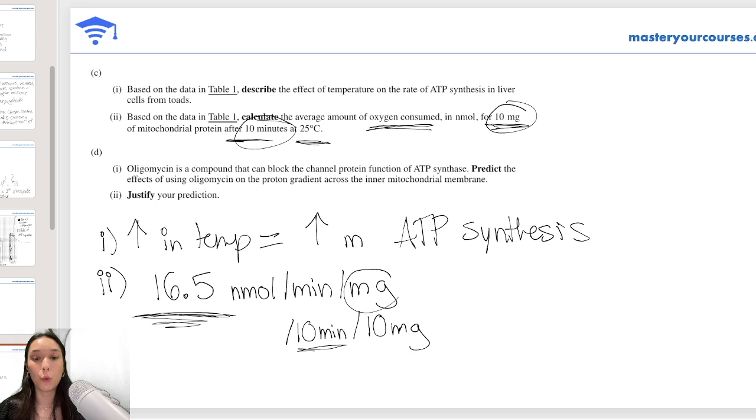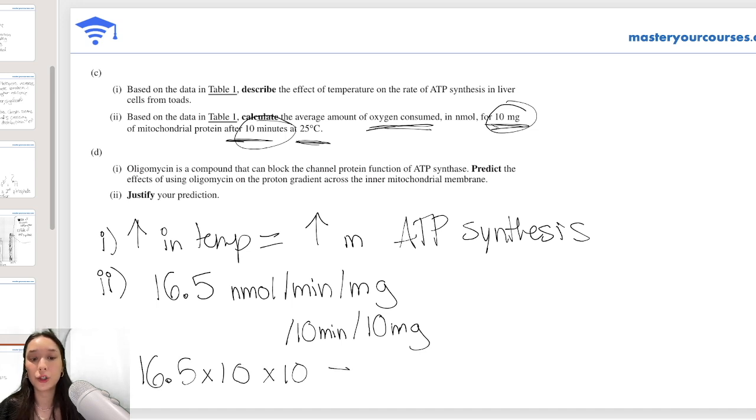And here you're looking at 1 milligram, but now 10 milligrams, so you would multiply that by another 10. I saw some students do it only by 10. However, I believe since 2 of the measurements are changing, you would multiply it by 100 instead of just 10. So your answer for this one would be 16.5 times 10 times 10.